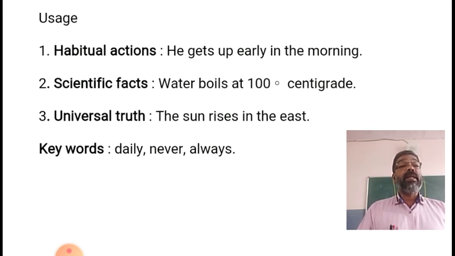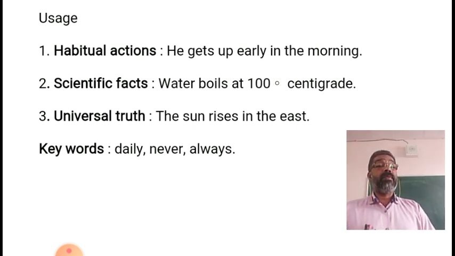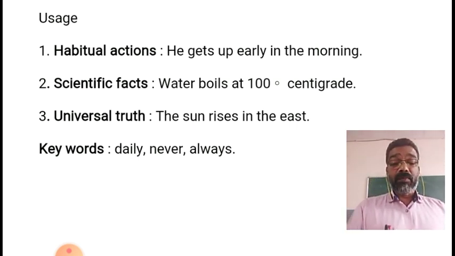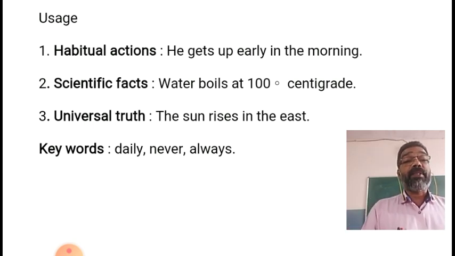He daily gets up early in the morning. He never tells a lie. I always sleep at 9 o'clock. Like that. So, daily, never, always, etc. are some of the keywords used in simple present tense.